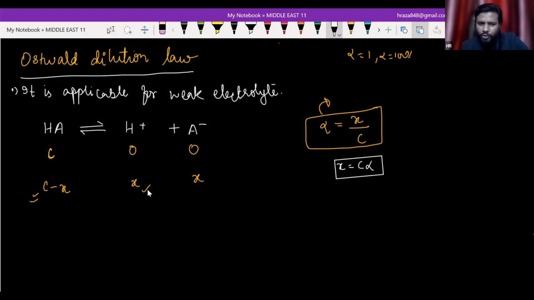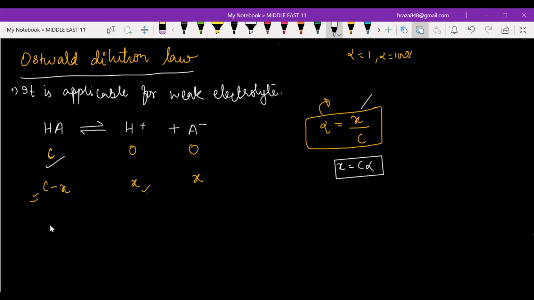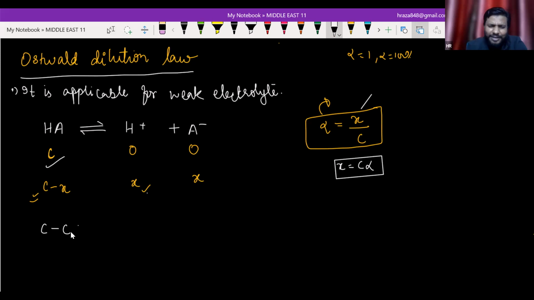Alpha is equal to moles dissociated upon initial moles. Is this clear, everyone? Now I can write C minus C alpha. In place of X, I put C alpha, and here C alpha, and here C alpha, right?